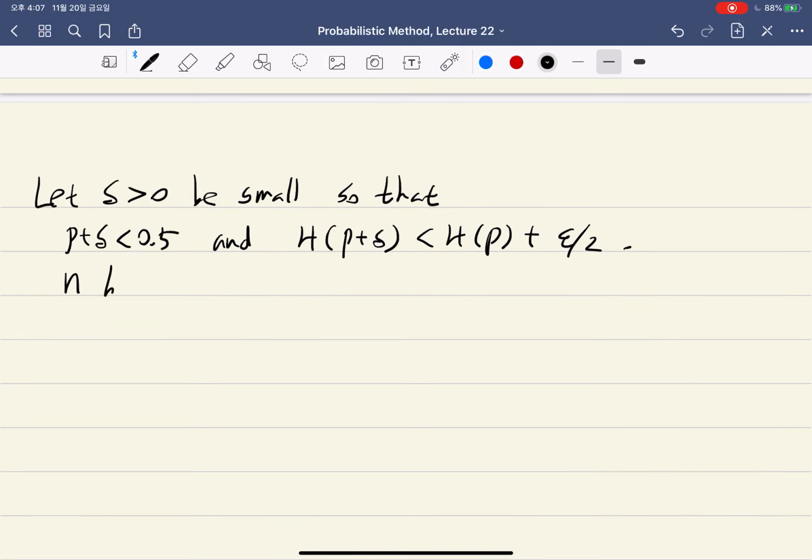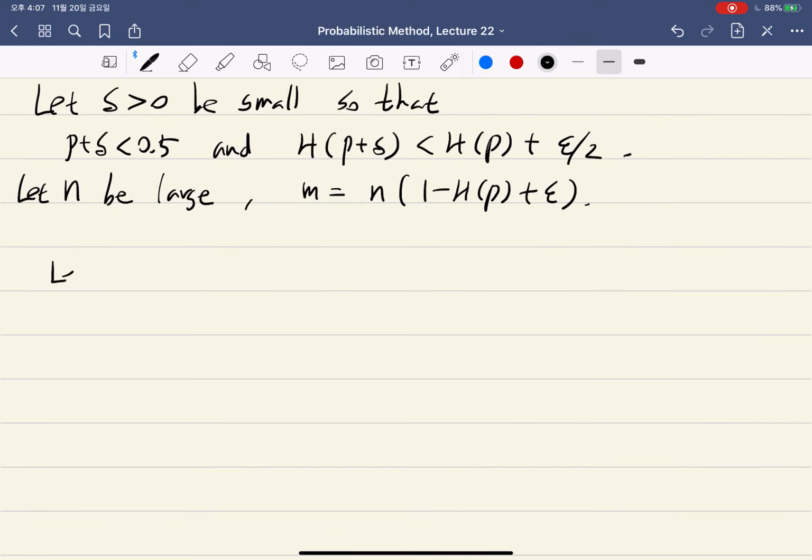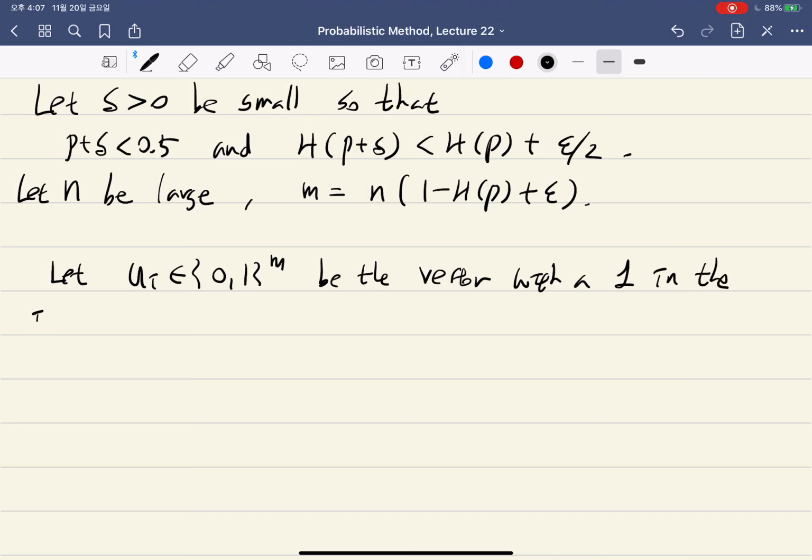Let n be large and m be n times 1 minus h of p plus epsilon. And let ui be the standard basis vector with 1 in the ith position and the rest 0.